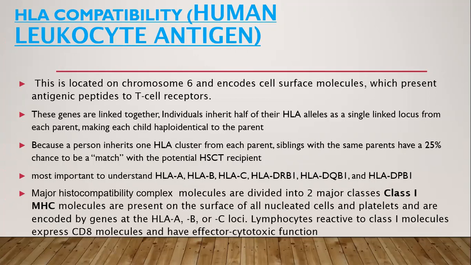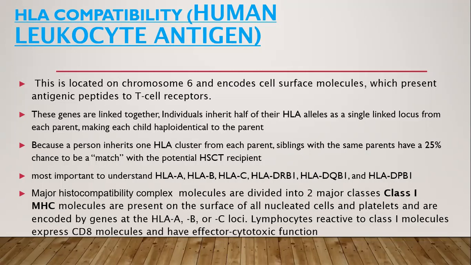Human leukocyte antigen is located on chromosome 6 and is a cell surface molecule which presents antigens to cell receptors. These genes are linked together; individuals inherit half of the HLA alleles, a single linked set, from each parent, making each child haploidentical to the parent.